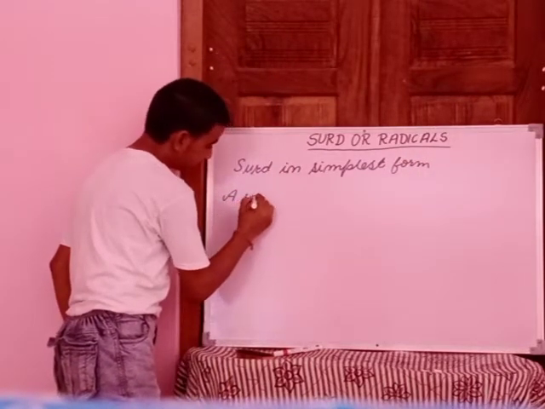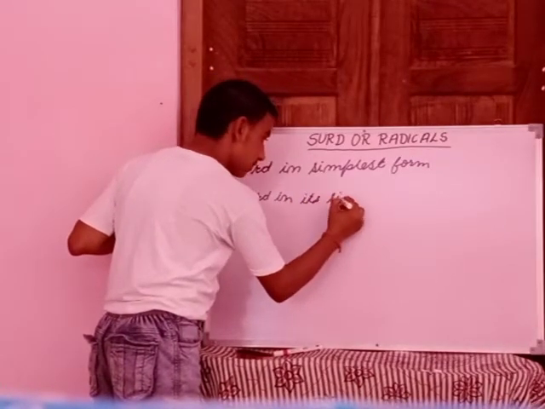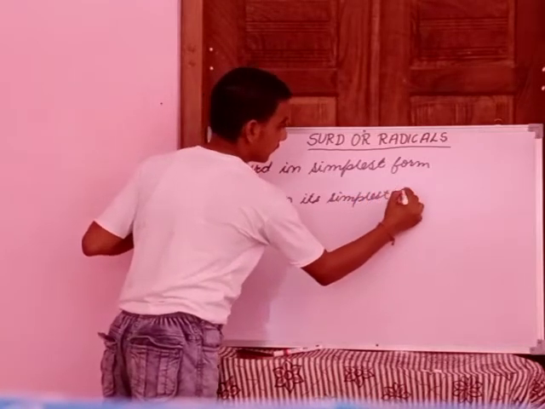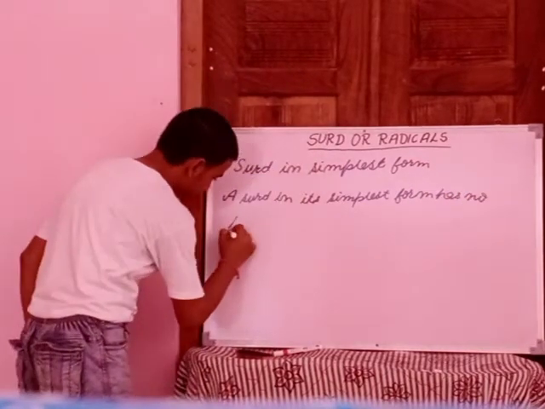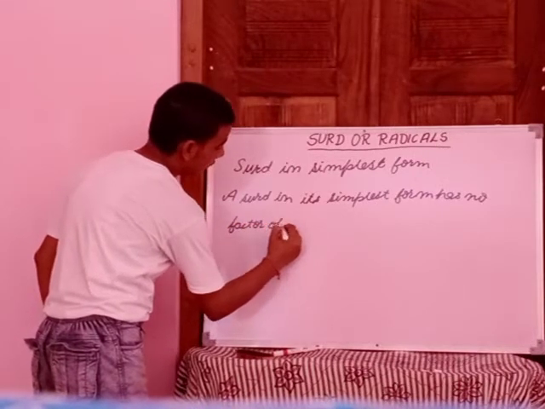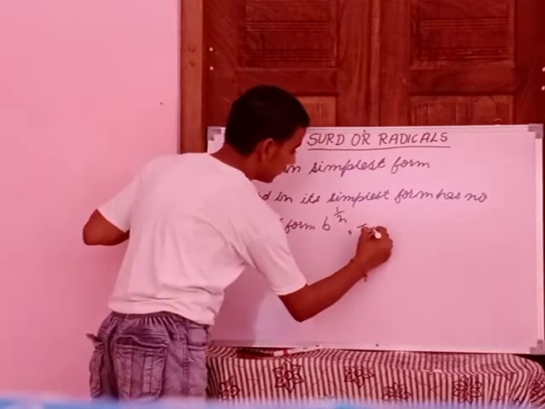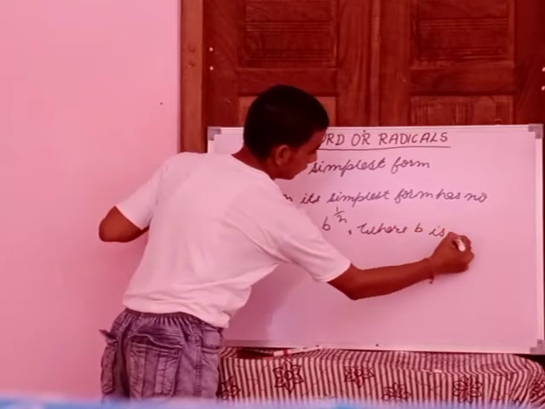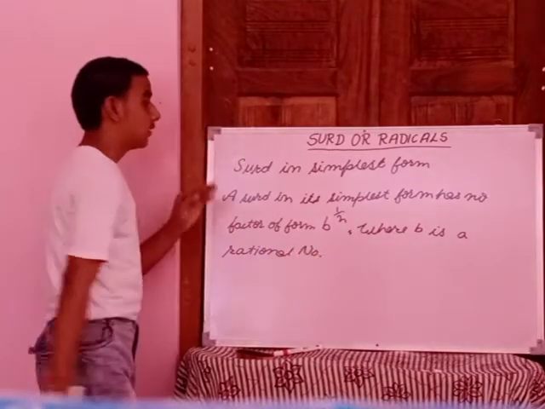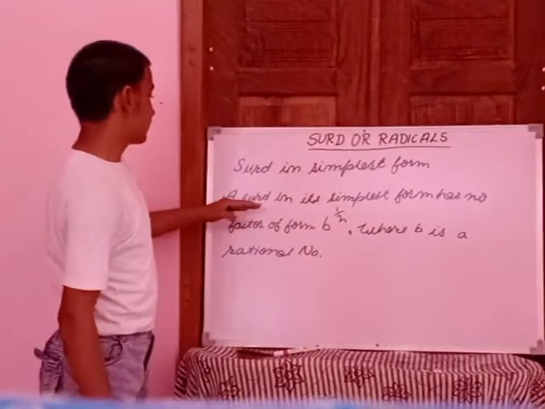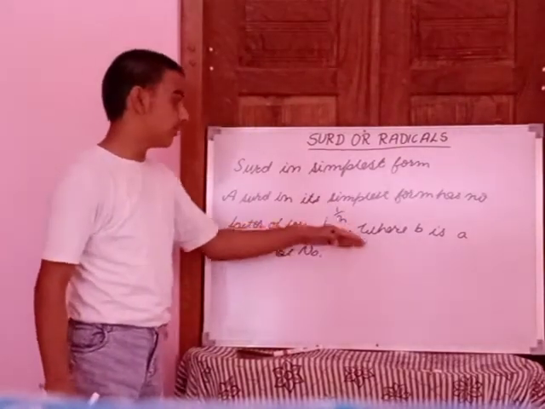A surd in its simplest form has no factor of the form b raised to the power 1 by n, where b is a rational number.